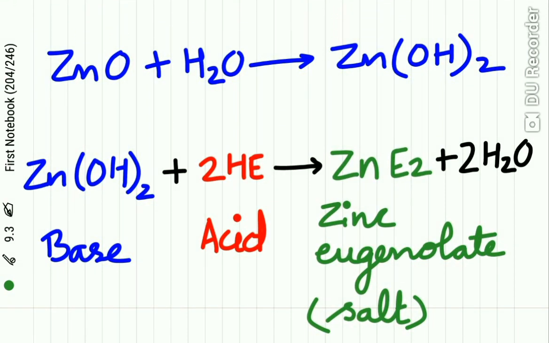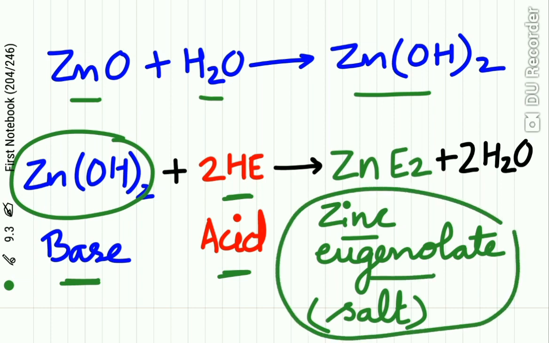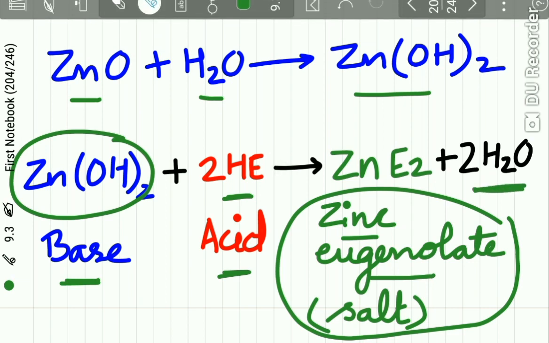In the first step, the zinc oxide combines with water to form zinc hydroxide. Now, this zinc hydroxide is the base. This base combines with the acid in the form of eugenol to form zinc eugenolate. This zinc eugenolate is the salt or the chelate, and water is released as a byproduct.